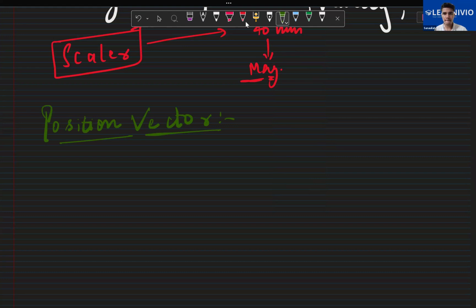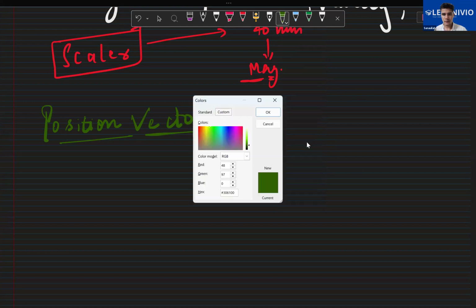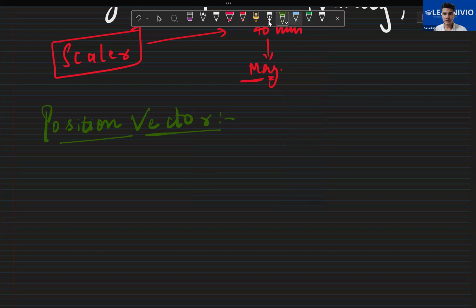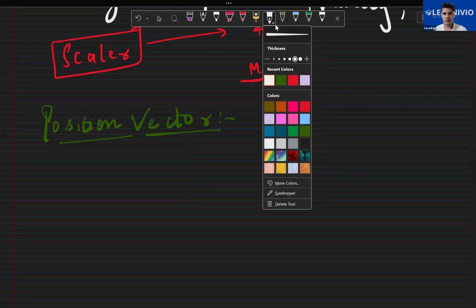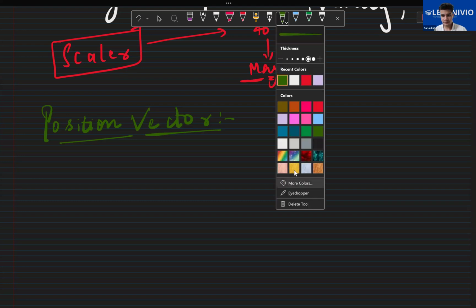Can anyone tell me? Anyone? What is a position vector? Does anyone know?